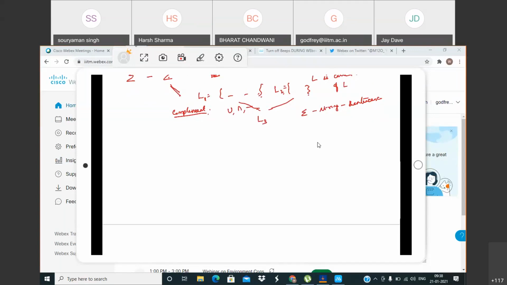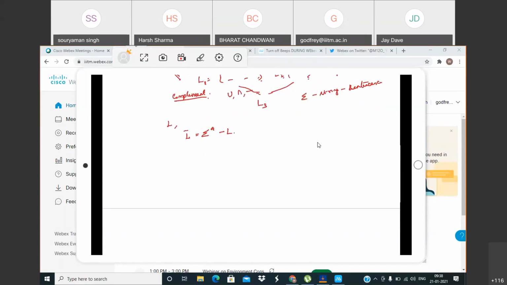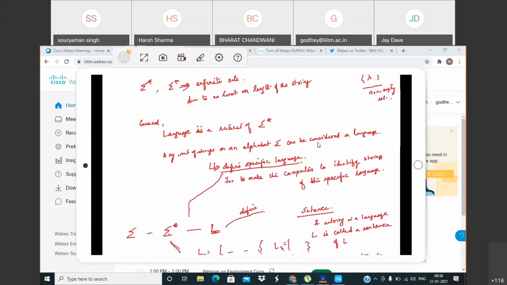If there is a language L, then the complement of this language, L bar, is defined as the set of all strings minus L. The set of all strings is sigma star, so the complement is sigma star minus L. Earlier we were not talking in terms of language.